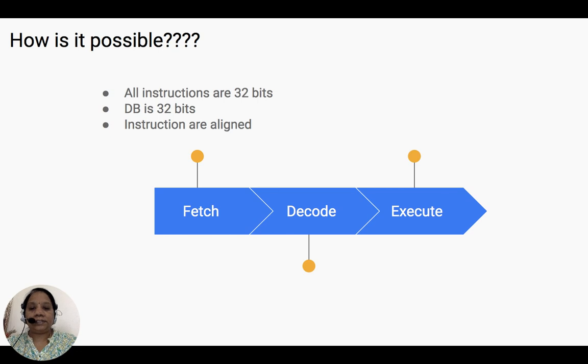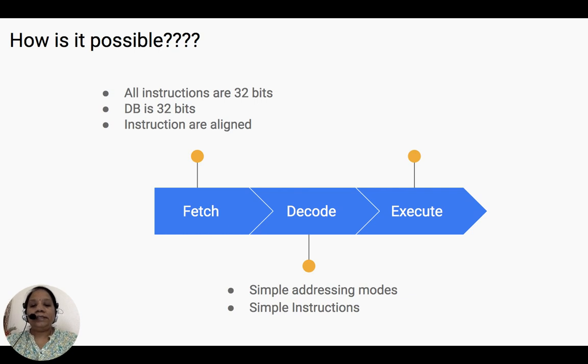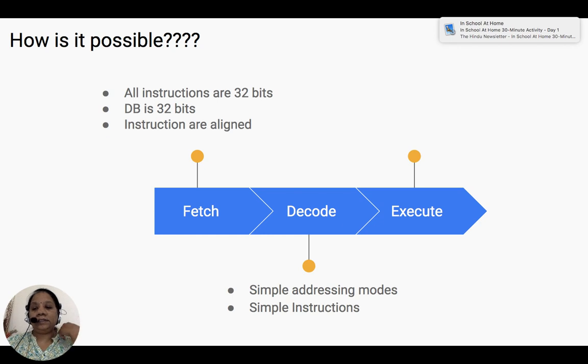Now coming to the decode phase, what are the features in ARM that make it a perfect pipeline? Number one, all instructions and addressing modes are very simple. We have seen that in the first video, about the difference between RISC and CISC. Because of this, the decoding phase becomes very easy and simple.